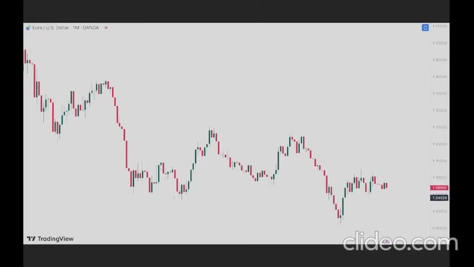Since it started here up to this point, it managed to break this point. So here it looks like there was a very big zone like this.